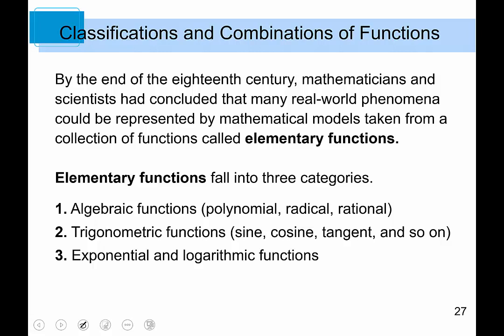By the end of the 18th century, mathematicians and scientists had concluded that many real-world phenomena could be represented by mathematical models taken from a collection of functions called elementary functions. An elementary function has 3 typical categories. The first one is algebraic functions, like polynomial functions and rational functions.